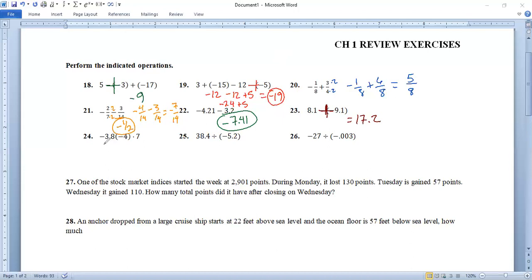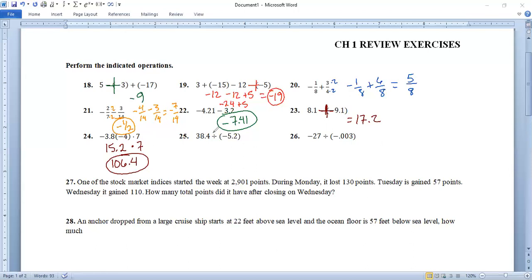So that's a negative times a negative is 15.2. And then we're timesing by 7. 15.2 times 7 is 106.4. There we go.